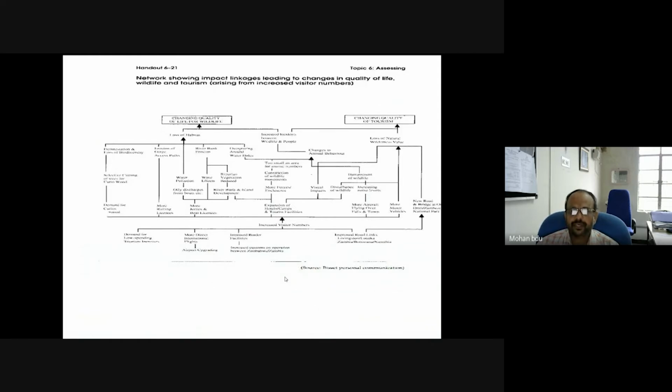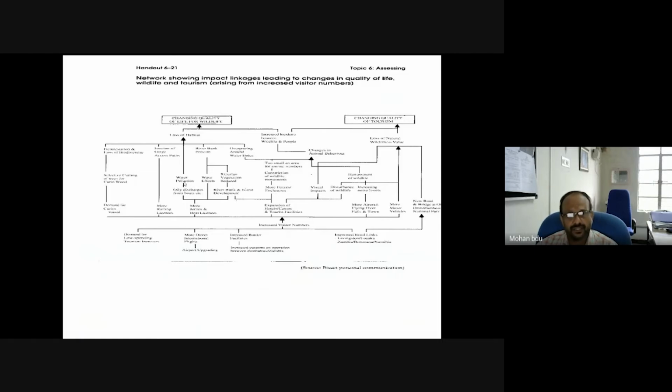analytical or prediction method, which is called the network model. Here you can see that it is much more informative than the matrix. In a matrix, for example, if there is water pollution, we just have an idea whether water quality is significantly affected, moderately affected, or insignificantly affected.